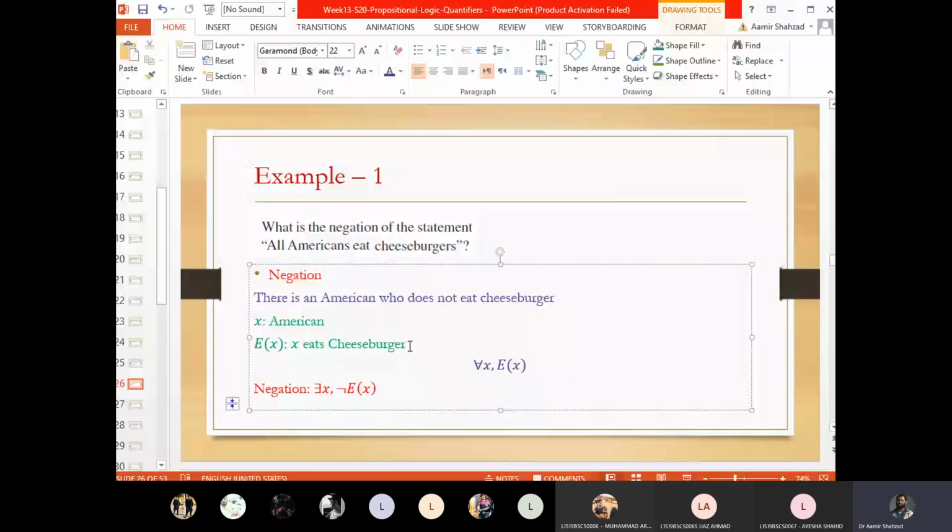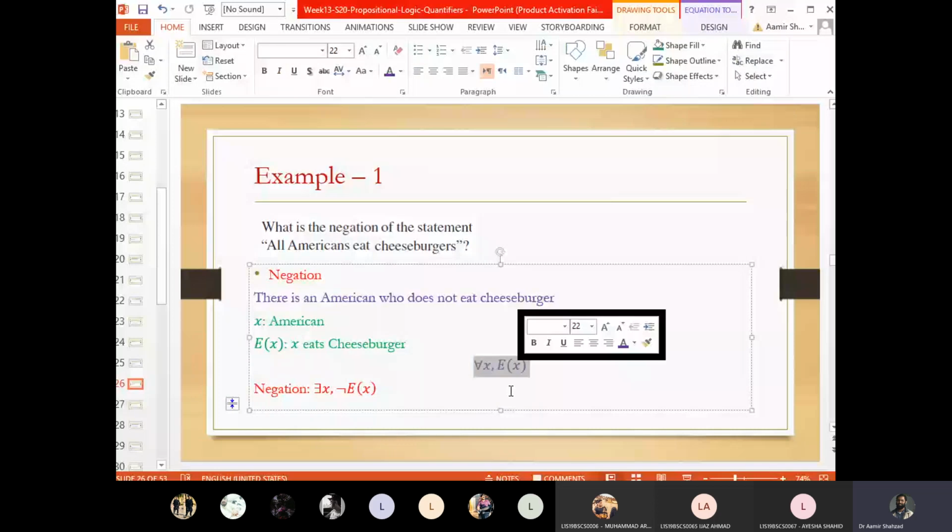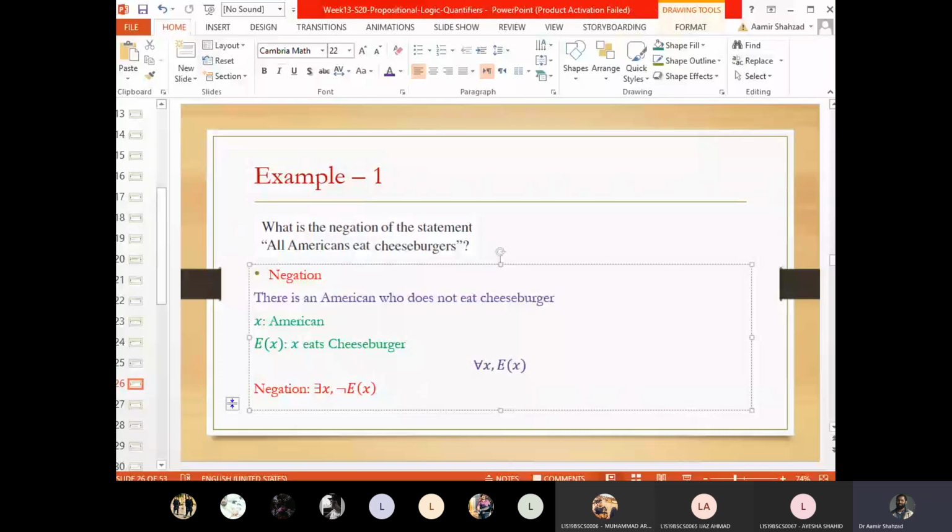So all Americans eat cheeseburgers. For all x, E of x holds, that all Americans x eat cheeseburgers. What will the negation be? There is some American, there is some x for which E of x is false. There is some x such that x does not eat cheeseburgers. So that will be its negation. And then we did some other example mathematical expressions.